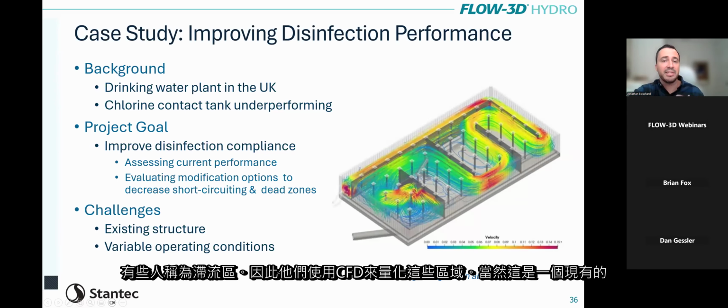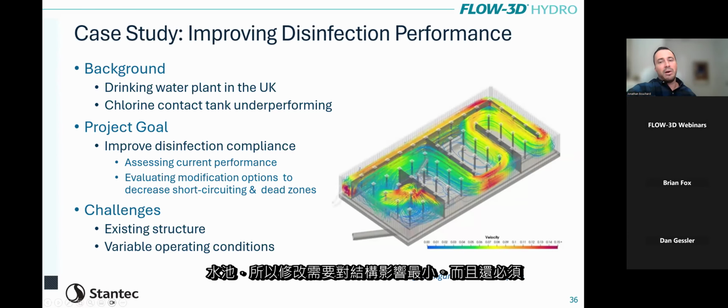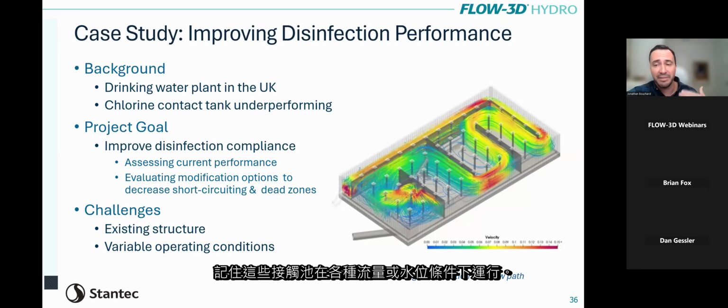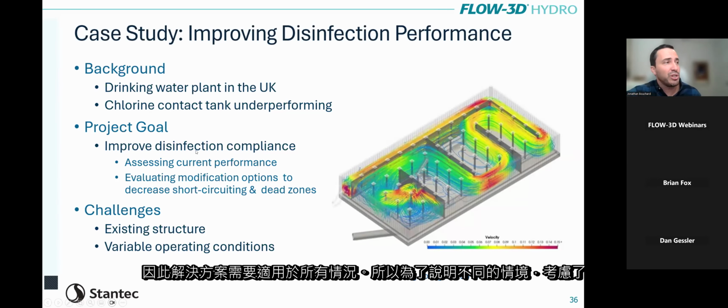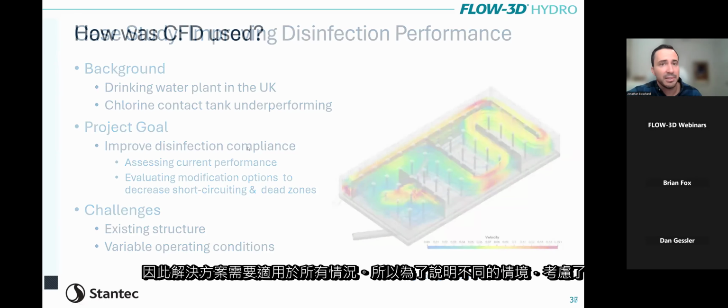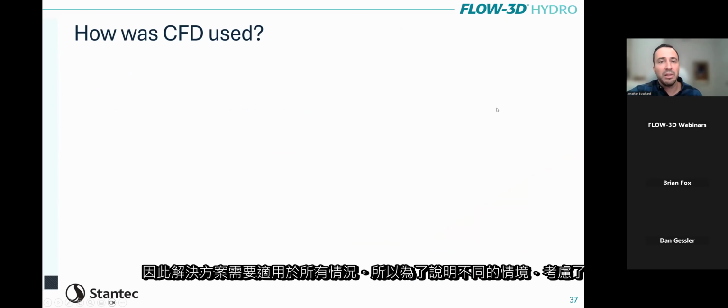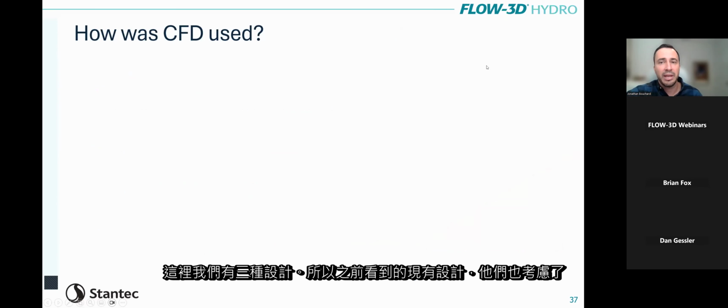Of course, this is an existing tank, so modifications needed to have a minimal impact on the structure. And also we have to keep in mind that these contact tanks operate in various flow or water surface elevation conditions, so the solution needed to work for all cases. To illustrate the different scenarios they considered, here we have the three designs.